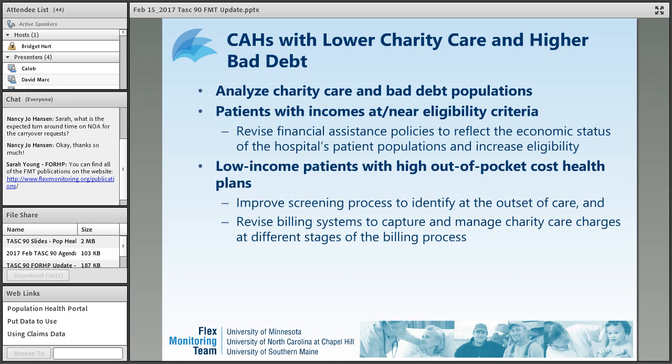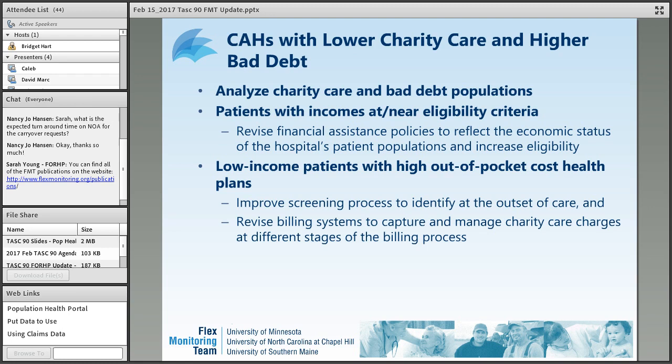So we can look at where a hospital might be in terms of charity care and bad debt issues. That varies both in terms of the hospital's charity care and financial assistance policies, but also with economic conditions. So some of the things they might do is really look at where their patient base is in terms of their incomes around their eligibility criteria and what they might do about that.